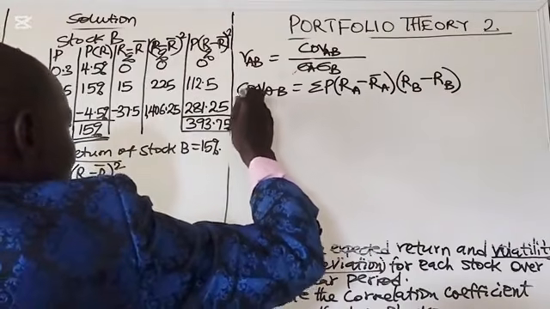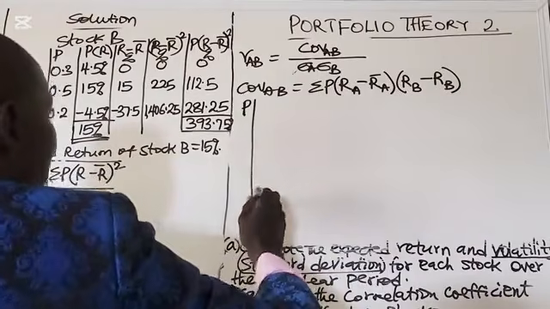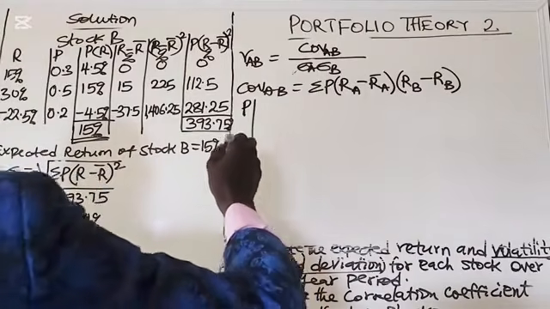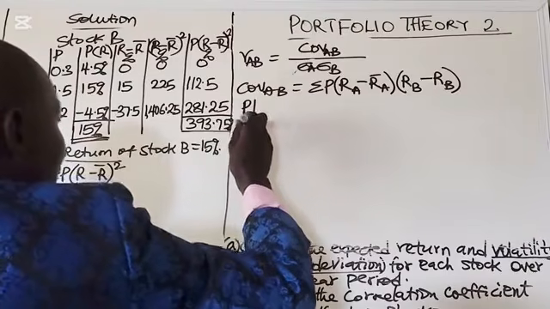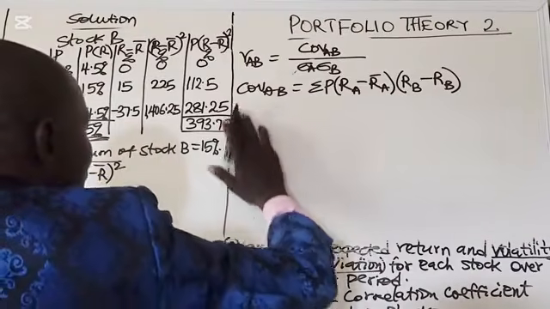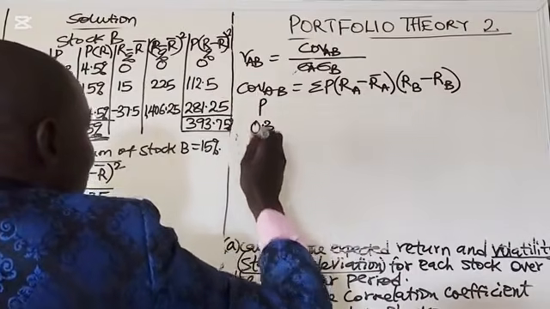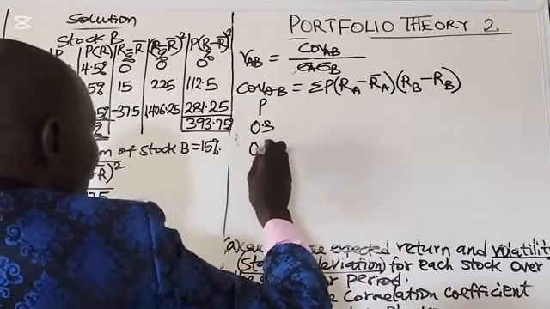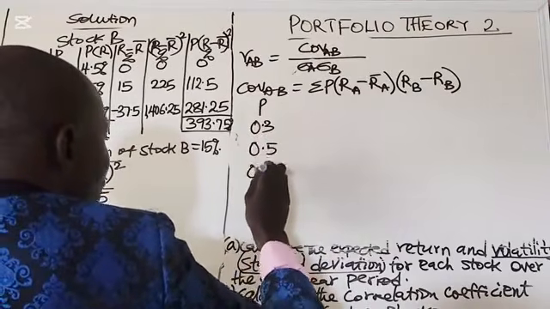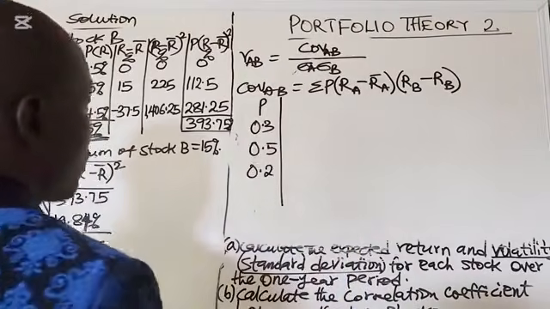The first probability you are given is 30%, which is 0.3, then 0.5, and 0.2. These are the probabilities given in the question.